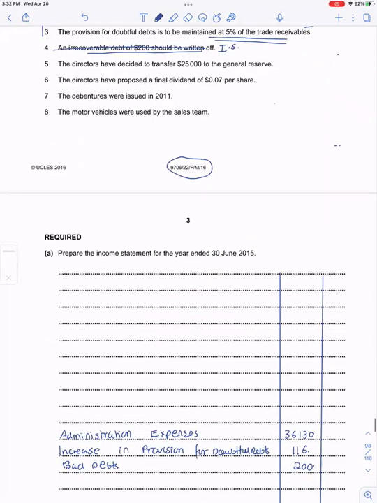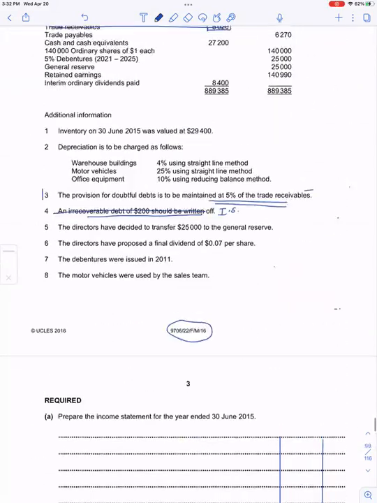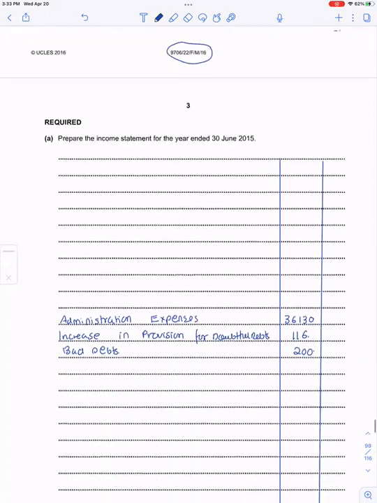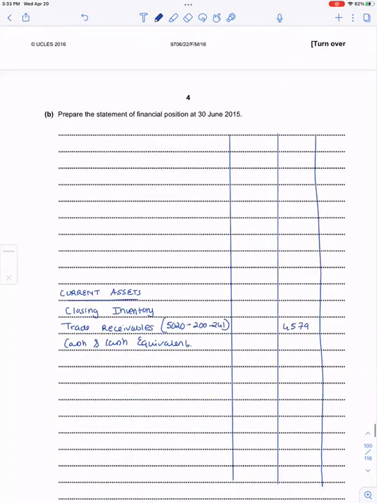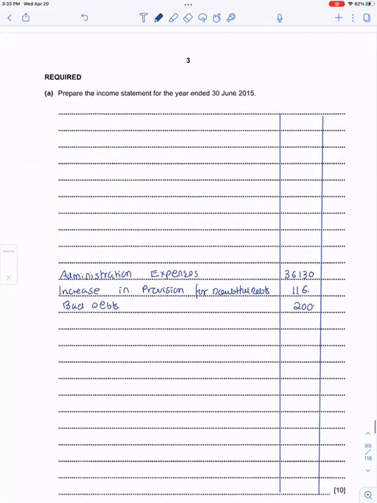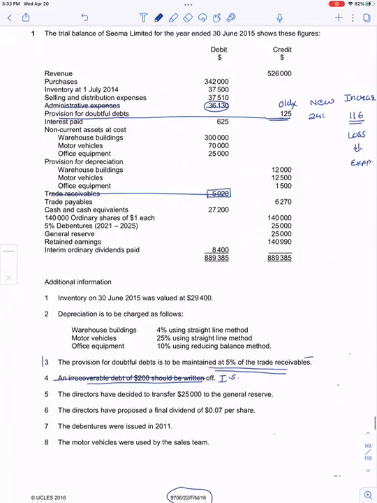So in the current assets, I will go and record closing inventory. How much was the closing inventory? 29,400. Any doubt? Cost of sales.